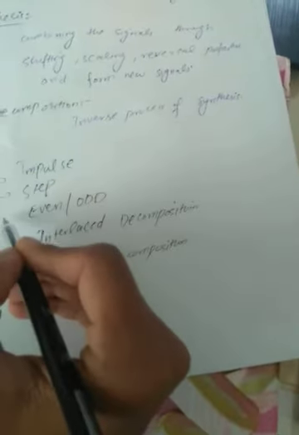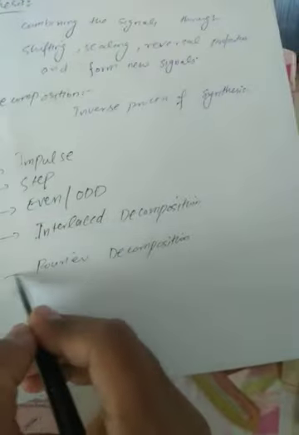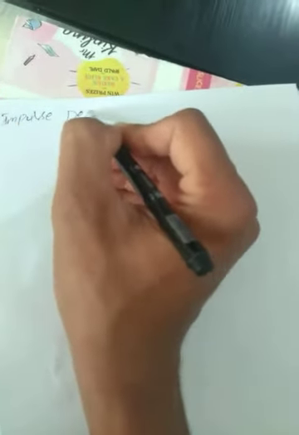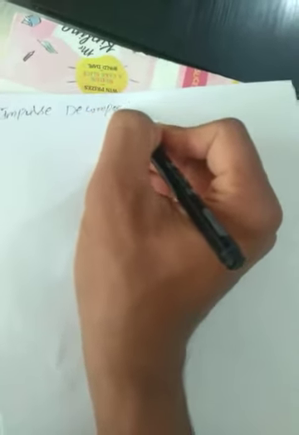This is impulse, step, even odd, interlaced, and Fourier decomposition. So let's first start with the impulse decomposition.